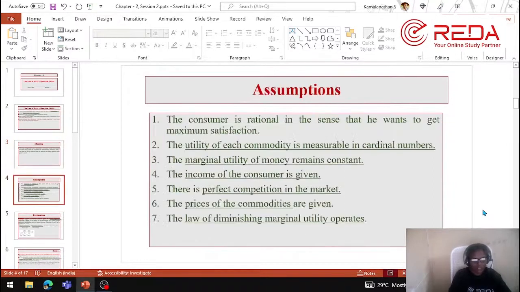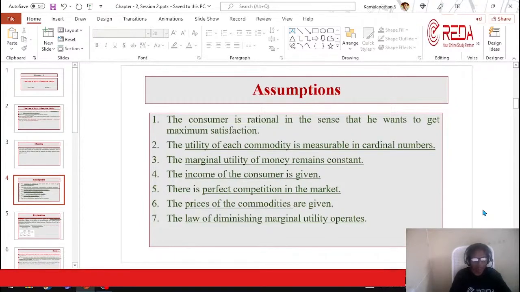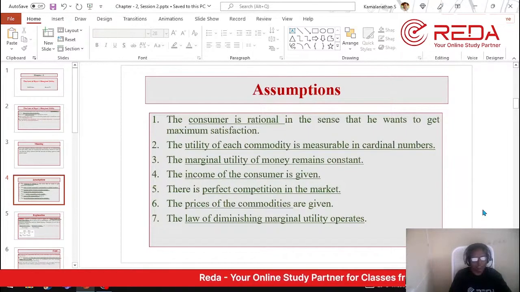Before going into the law, we need to know some of the assumptions framed by Alfred Marshall. He is the one who formulated this law of equi-marginal utility with the help of the law of diminishing marginal utility.